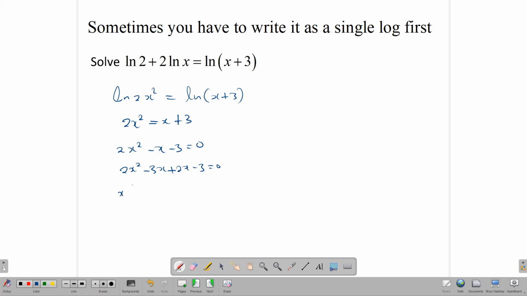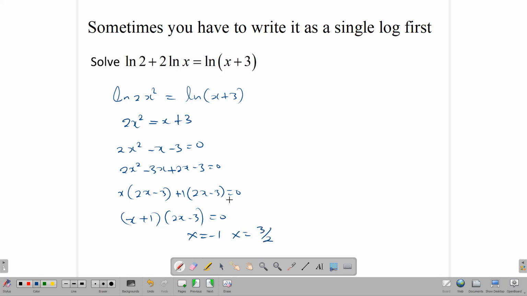And we have here x into 2x minus 3 and 1 into 2x minus 3. And so we get for our linear factors x plus 1 and 2x minus 3 equals 0. That translates to x is equal to negative 1 and x is equal to 3 over 2.